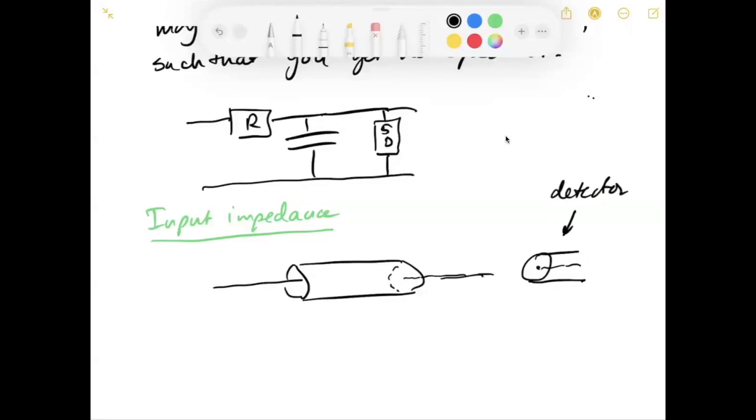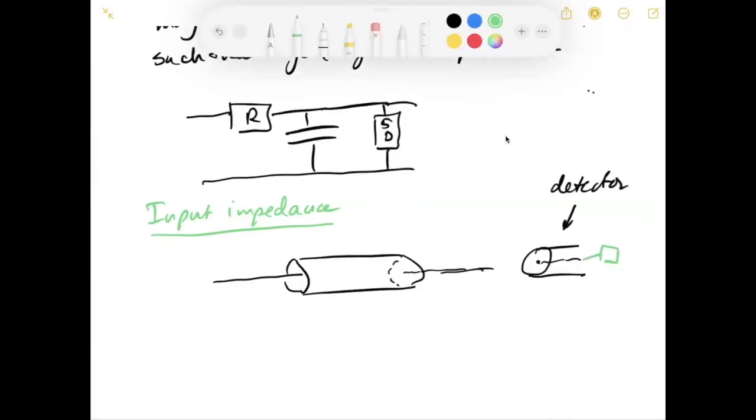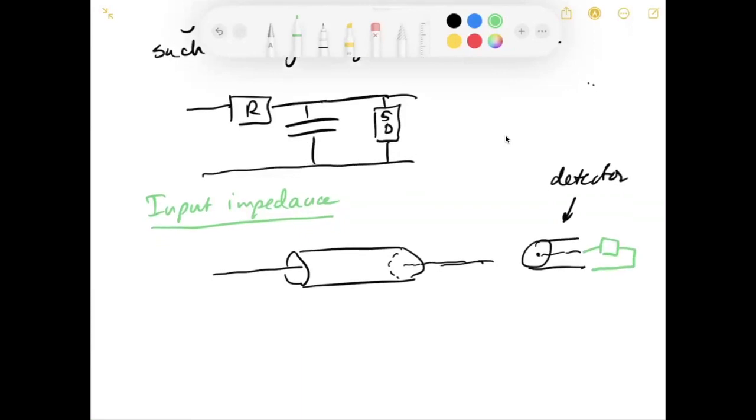So the way to model the input impedance is as just an impedance that goes between the pin, the center pin, and the shield. That's the input impedance. So if it says it's a 50 ohm input impedance, you should assume that this is just a 50 ohm resistor. But it's a 50 ohm resistor up to the highest frequencies for which it's specified, because it's not just a resistor, it's probably a resistor with all sorts of other funky stuff applied to it. So that's what we mean by an input impedance.